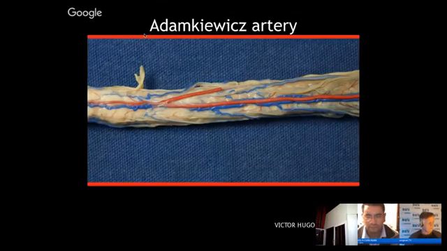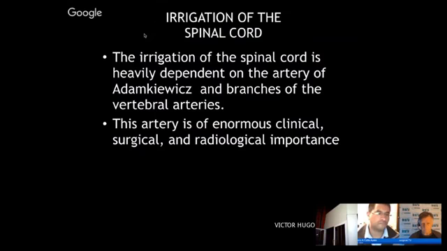This is the principal artery that is giving rise to the vascularization of the lumbosacral segment of the spinal cord. The irrigation of the spinal cord is heavily dependent on the artery of Adamkiewicz and branches of the vertebral arteries. This artery is of enormous clinical, surgical, and radiological importance.